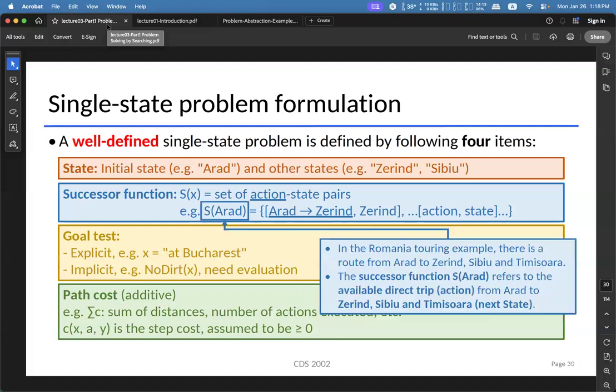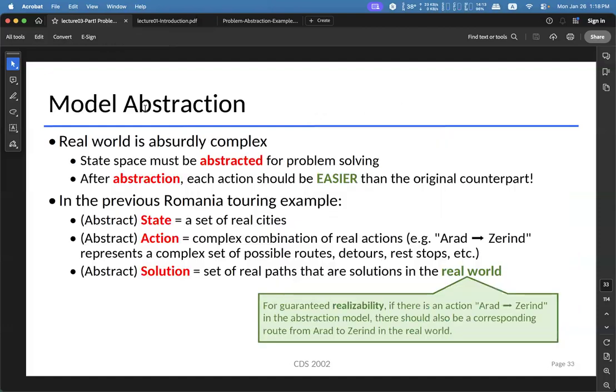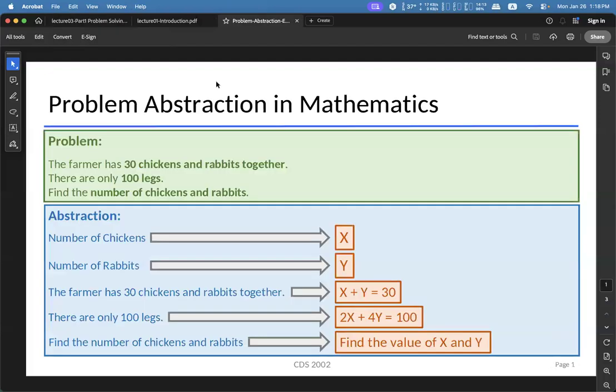And then for the rest, we will talk about model abstraction. We actually already talked about the concept of model abstraction in this slide. Essentially, you have already done problem abstraction in mathematics. You remove unnecessary detail, keep the essence, and then solve the problem in this simpler form.